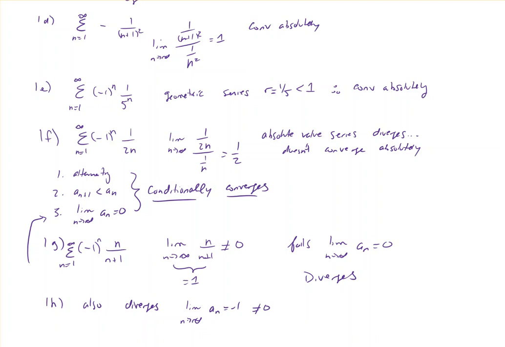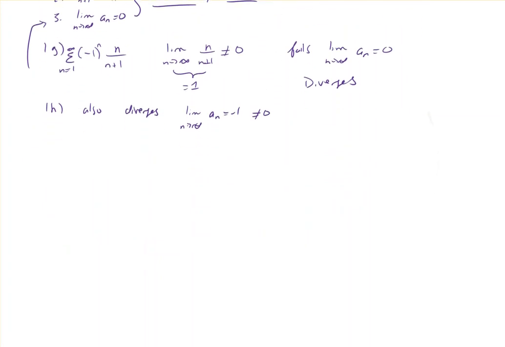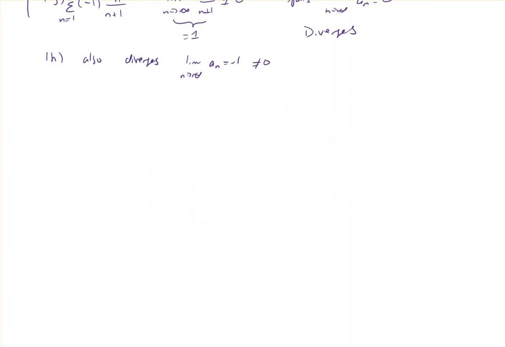Okay, so that's number one. And number one was kind of the beginning, our segue into the stuff. And hopefully it's making sense to you. We will need to make sure that when we're going through these processes, we're first looking for absolute convergence. And if we don't find absolute convergence, we then decide, does it diverge or does it conditionally converge?